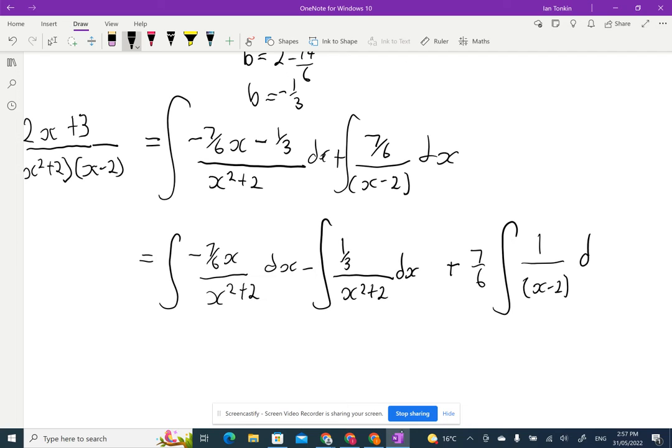And already you should see that the last thing is going to integrate very easily, because that's just ln.